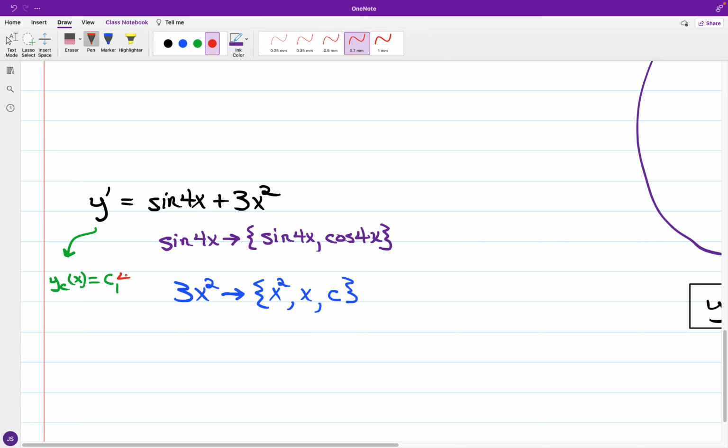And then we have what's referred to as a duplication, a duplication of a constant. And what's going to happen here is that to make amends, you're going to multiply everything that's in this family by x to remove the duplication.